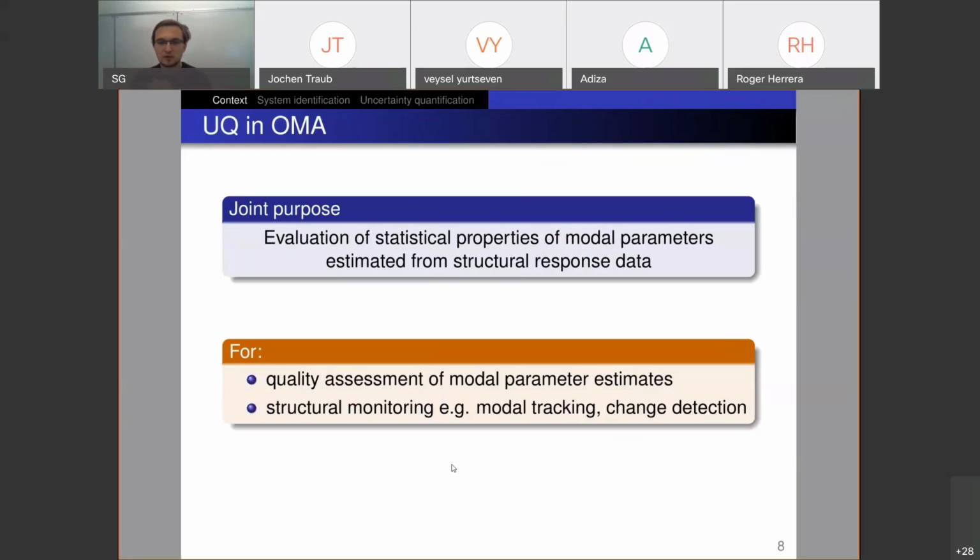Or it can be used for structural monitoring, for example, for model tracking or change detection, when we try to compare different distributions of some damage-sensitive features and identify the changes between the distributions, which can tell us something about damage in the structure.